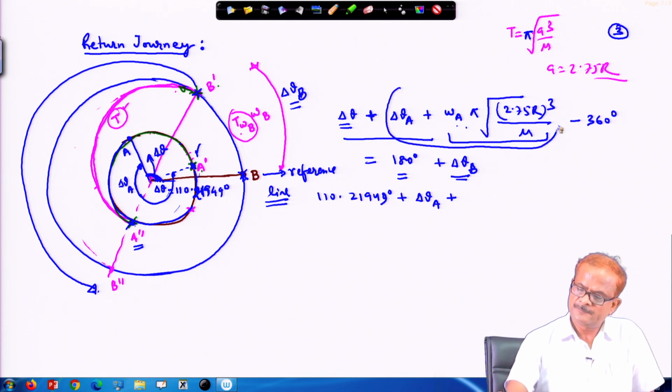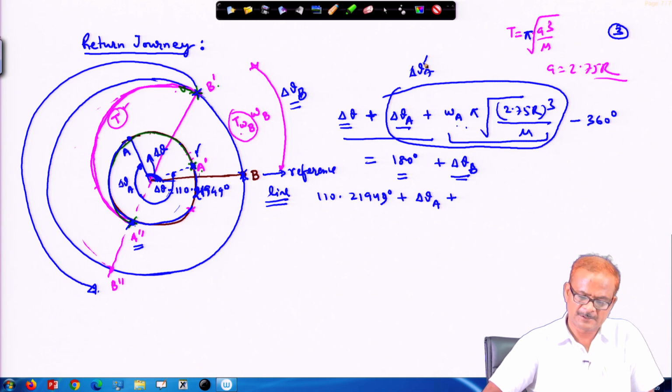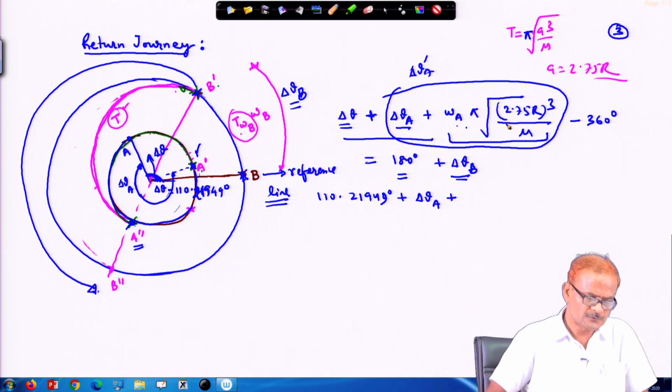One way we could have also written this whole quantity as delta theta A rather than writing it in this way. Let us say this is delta theta A prime, which is the total delta theta A plus omega A times the flight time, whatever it is, and then we need to solve it.